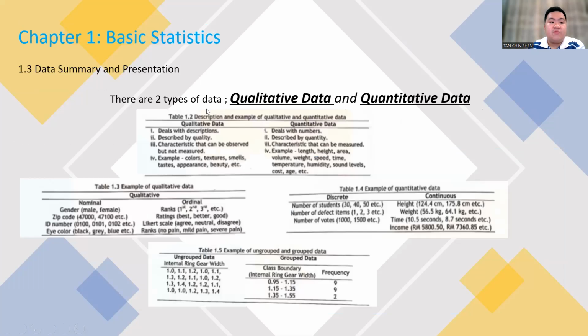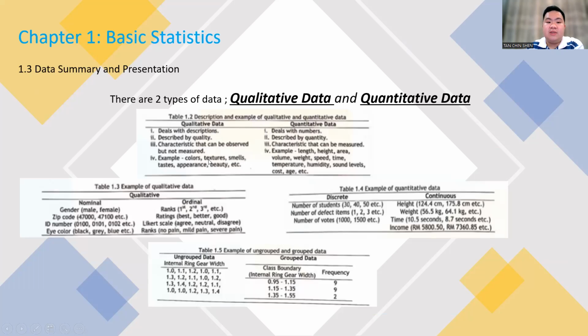So part 1.3, data summary and presentation. There are two types of data. The first one is qualitative data, and the second one is quantitative data. This is the example from the book, showing the description and examples of qualitative and quantitative data. Qualitative data deals with descriptions, described by quality, characteristics that can be observed but not measured.